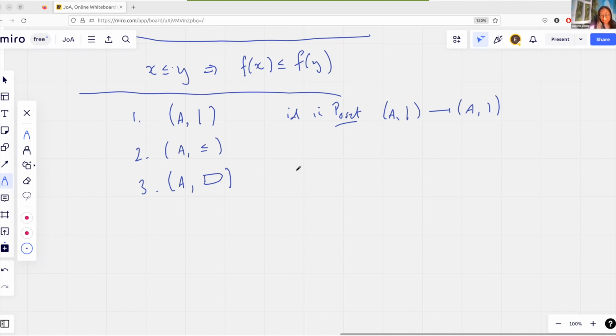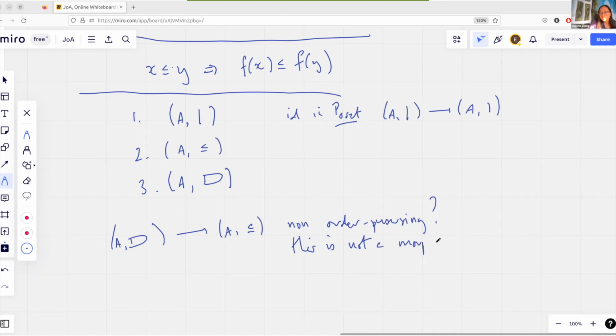And so the question said, is there a non-order preserving morphism from here to here? Now, I know what you mean, but in category theory, that's not what we would say. This is not a morphism in the category of posets.